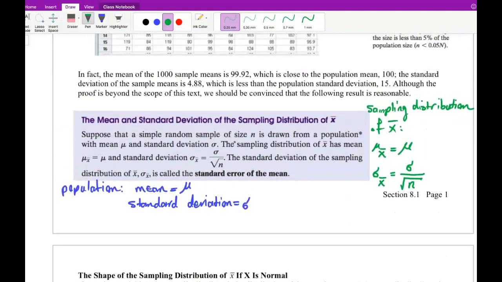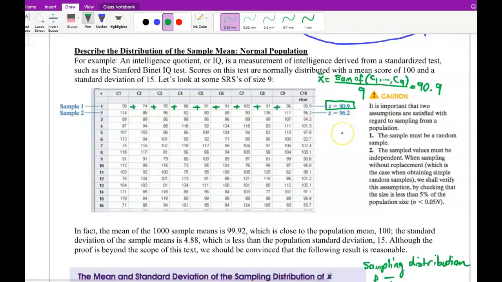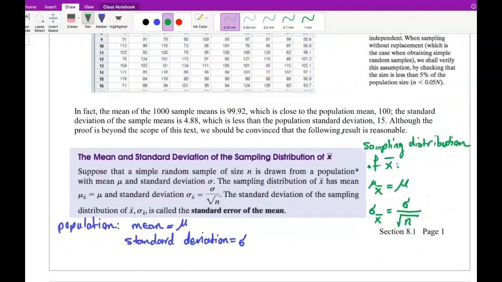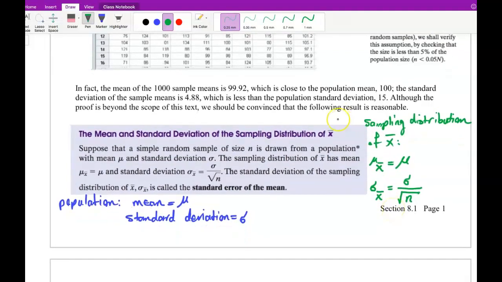Okay, I want to go back to this part because here I said that the mean of x bar is 90.9, and I also want to find out what the answer is for these two. Okay, let's finish this.